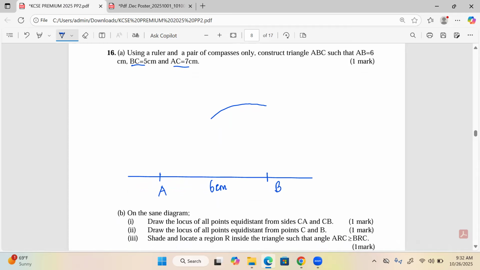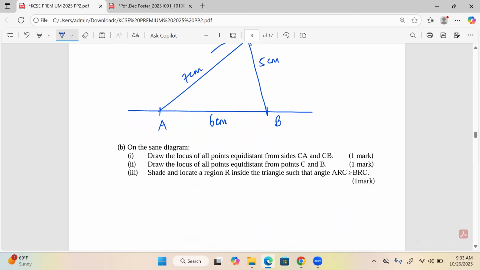So standing at A, length of 7, you make an arc. You see the two arcs are intersecting somewhere. That intersection now becomes C, because from C to A, it's 7 centimeters, and from C to B, it's 5 centimeters. So we have our triangle already constructed.